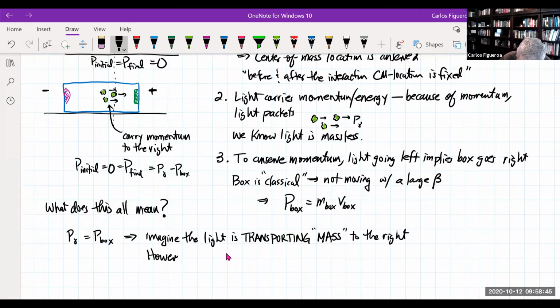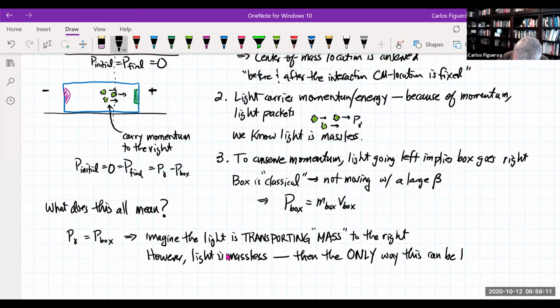However, light is massless, right? If light is massless, then the only way this can be true is if mass and energy are on an equal footing.